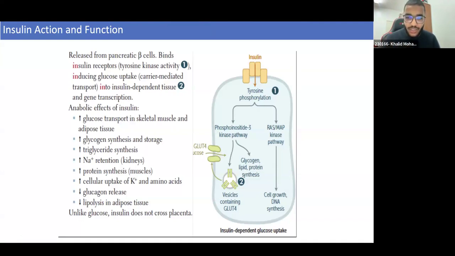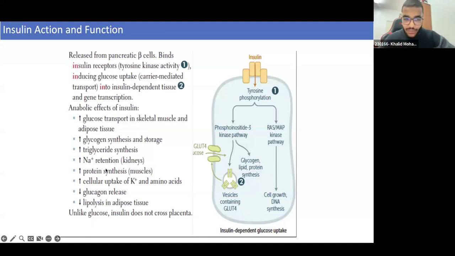But in other tissues like skeletal muscle and liver, they're insulin dependent. So when you have insulin, it will increase the glucose uptake. It will increase the glycogen synthesis once the glucose is inside. It will increase triglyceride synthesis. It's basically an anabolic protein. Anything that makes big chunks of stuff, that's insulin.